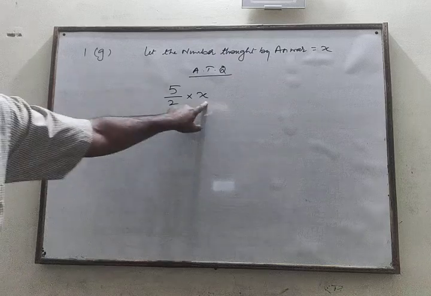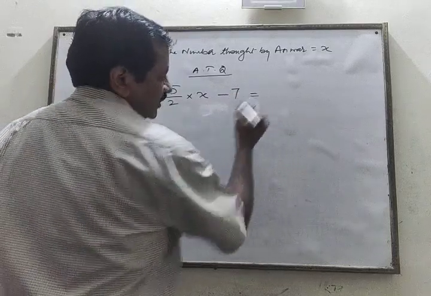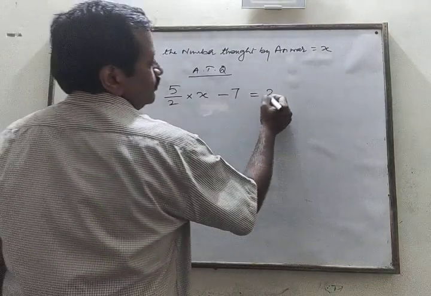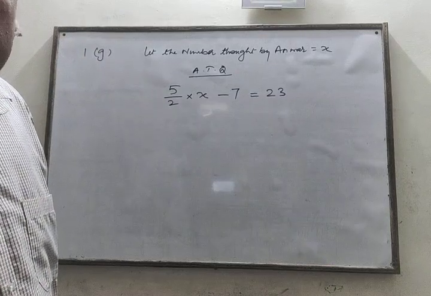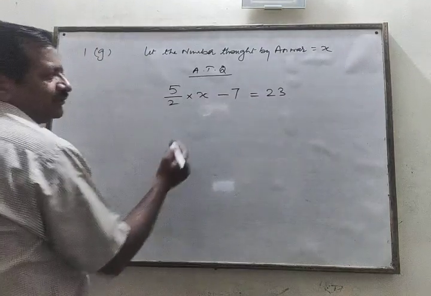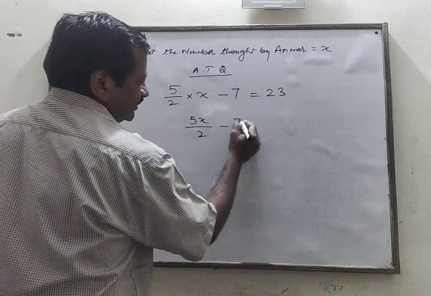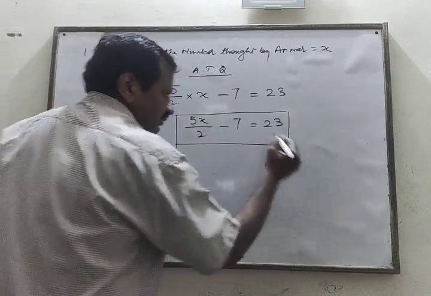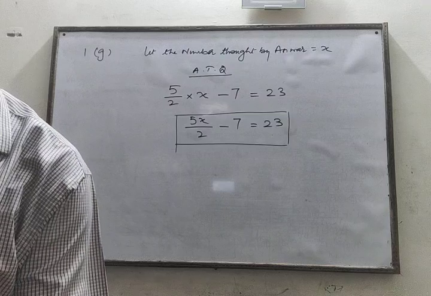So 5 upon 2 into x, and takes away 7, that is minus 7, is equal to 23, because the meaning of is, result is means is equal to 23. Now solve it. x will be multiplied by 5 like the previous question. 5x upon 2 minus 7 equal to 23. So this is the equation formed on the basis of the language given in the book.